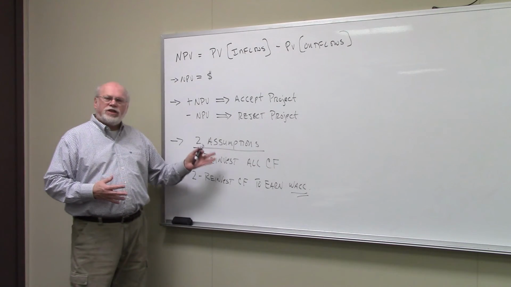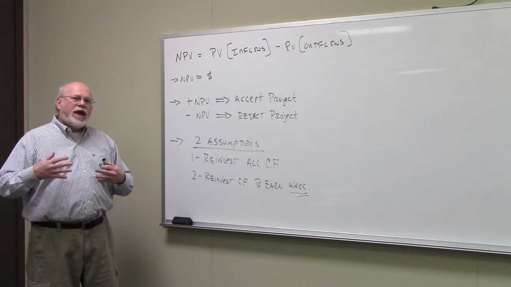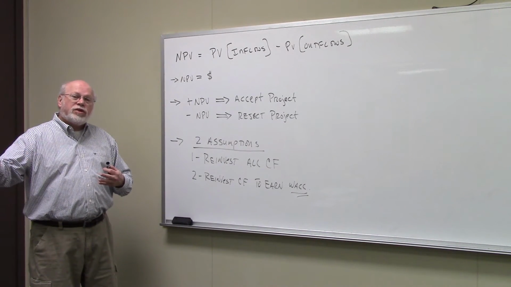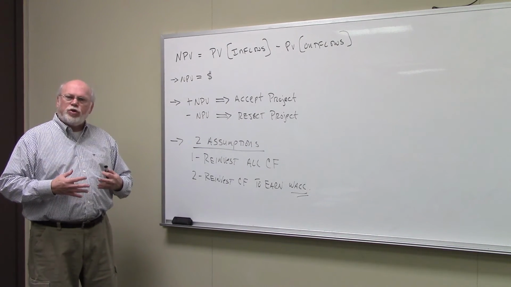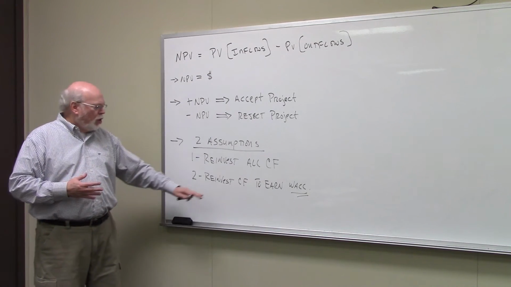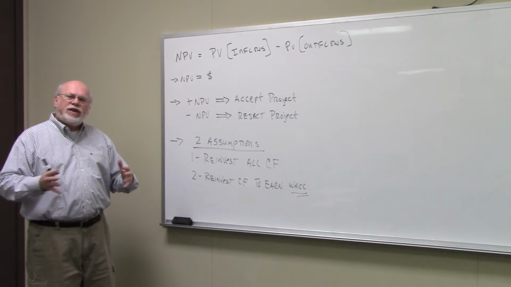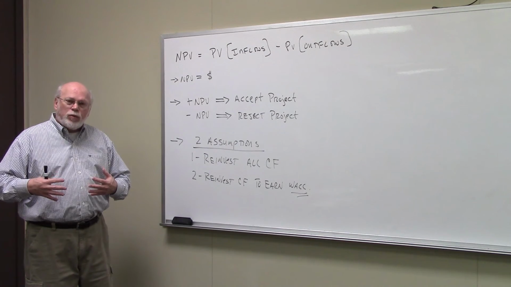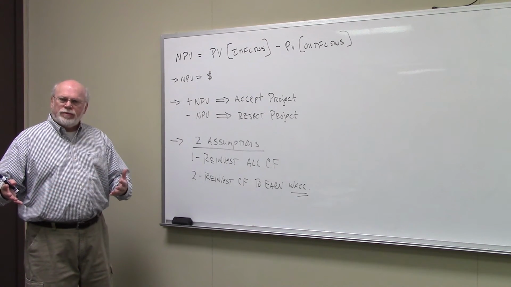So if the project you're talking about had a net present value of $70,000 and you didn't reinvest one of the cash flows, the result of that would be a reduced net present value for that project. So you wouldn't see the financial consequence of that project. One of the other key assumptions with net present value is not only that you reinvest all the cash flows, but that you reinvest them somewhere to earn the firm's weighted average cost of capital.